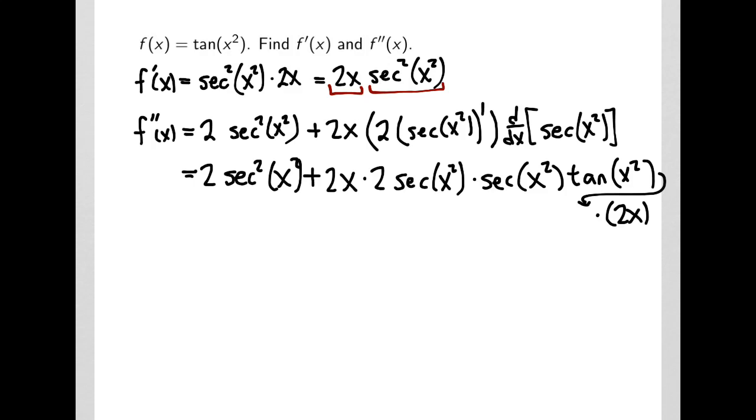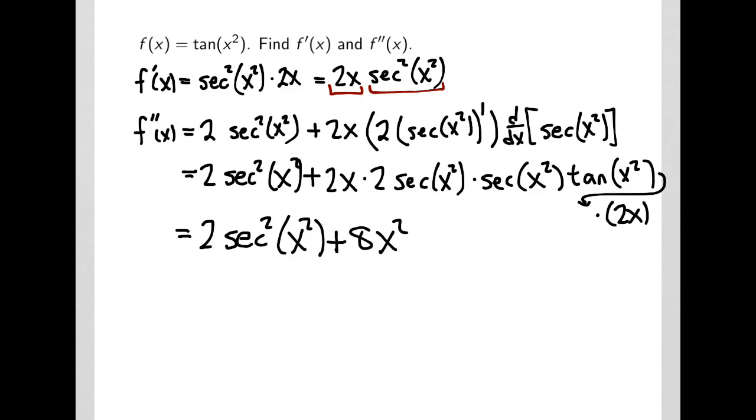So now we can finally start to group our terms. Again, this first term, we just get 2 secant squared of x squared. But for the second one, let's figure out all the factors. So I get 2, 2, 2, so that's 8. We have an x and an x, so that'll give me x squared.